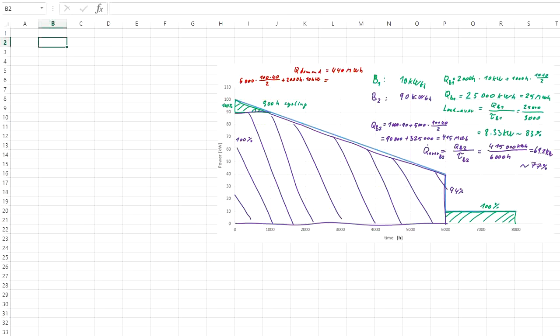So now to get the overall parameters, let's have two columns for boiler 1 and boiler 2. Where we have the thermal output, for the boiler 1 it was 10 kilowatts and boiler 2 90 kilowatts.